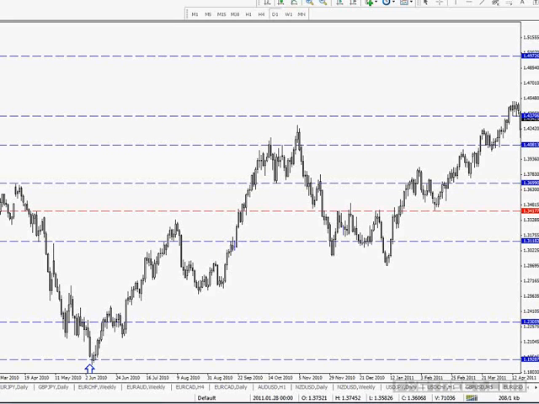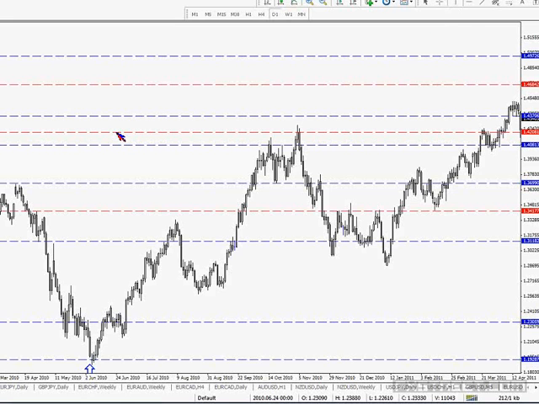Yeah, so the very first step that we look for is support and resistance zones. When we're trading naked, it's really important that we look for those spots where price has repeatedly found support and resistance.